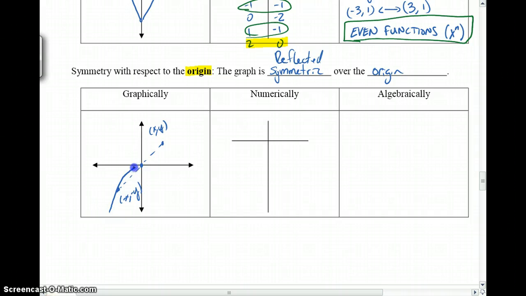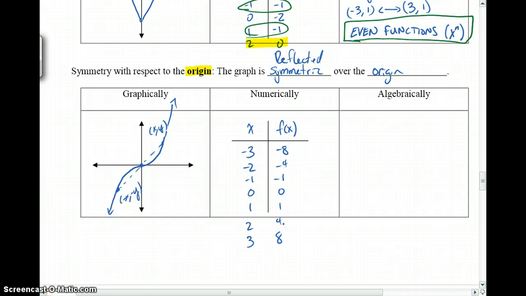So here I have a function like this. Algebraically, let's say -3, -8, -2, -4, -1, -1, 0, 0, 1, 1, 2, 4, 3, 8.